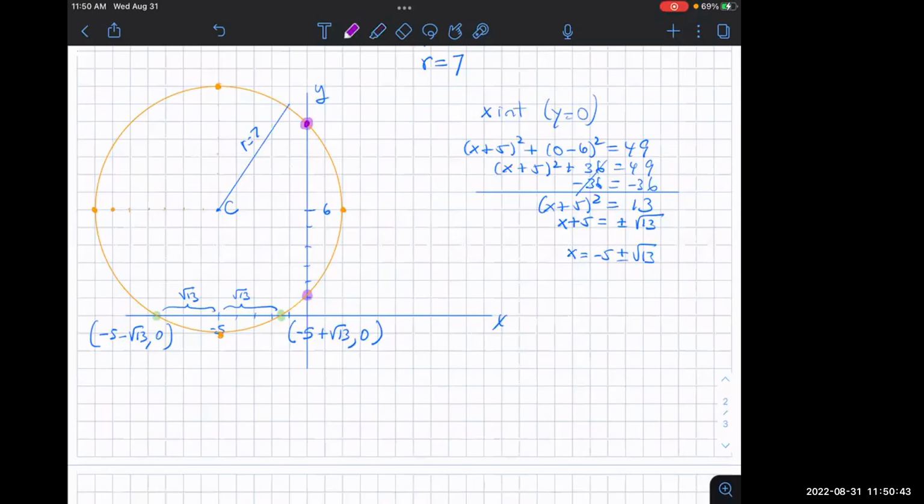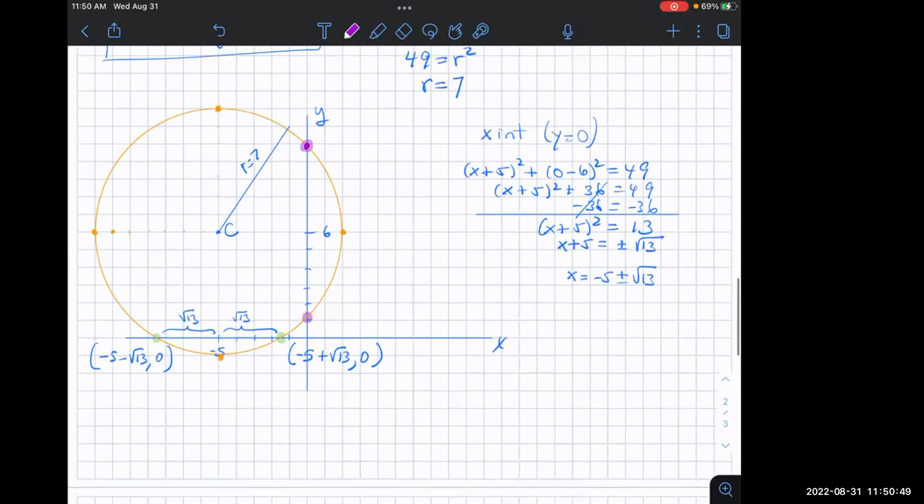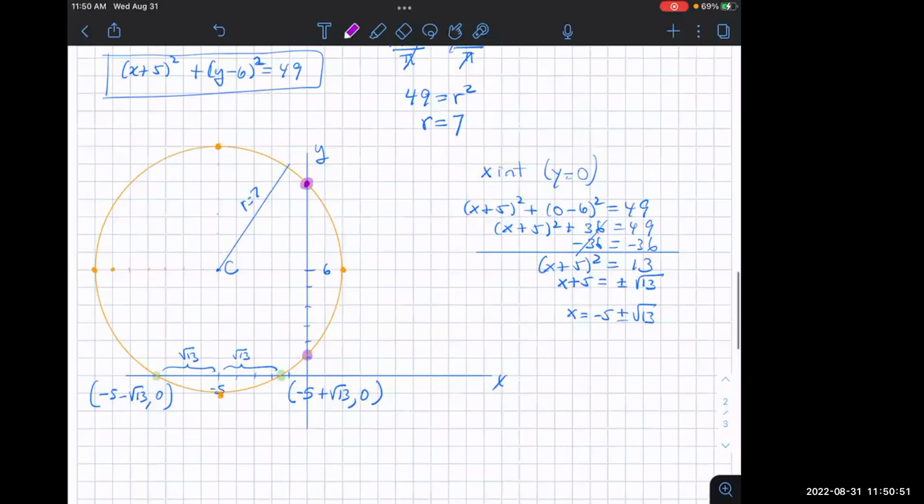So we expect something like 6 plus or minus something. Okay, so now y-intercept, x equals 0. 0 plus 5 squared plus (y minus 6) squared equals 49. Okay, so we are following so far?